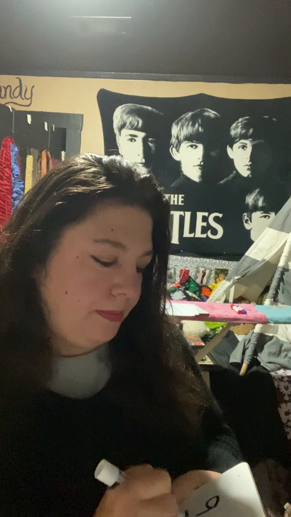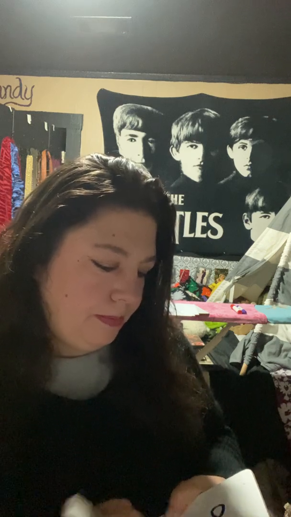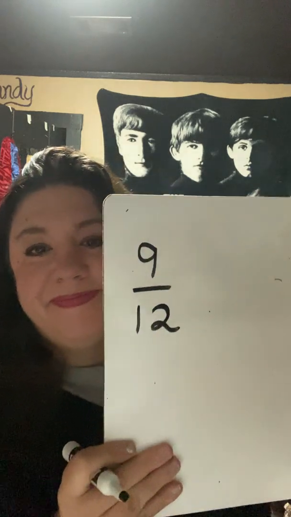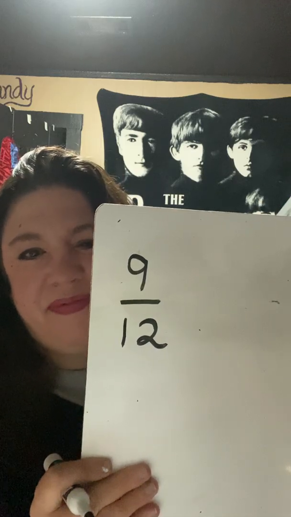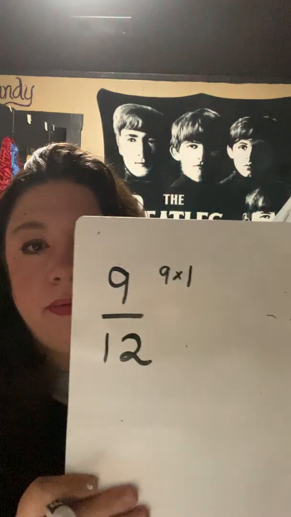First, let's do 9/12. We have to find the biggest number that will go into both of those numbers. So let's look at 9. We're looking at factors of 9. 9 times 1 is 9, and 3 times 3 is 9.